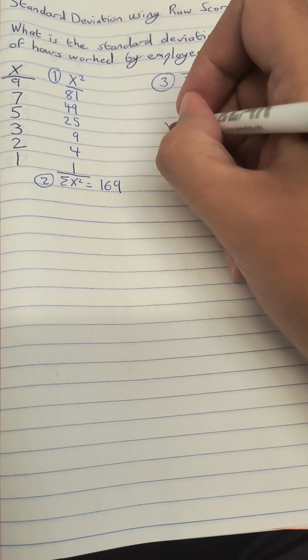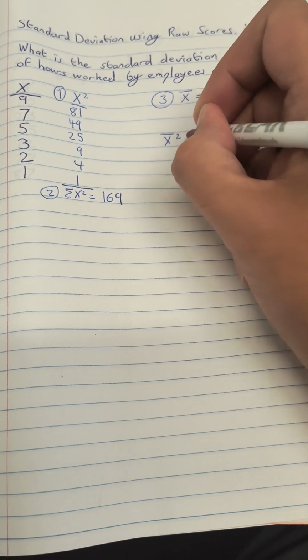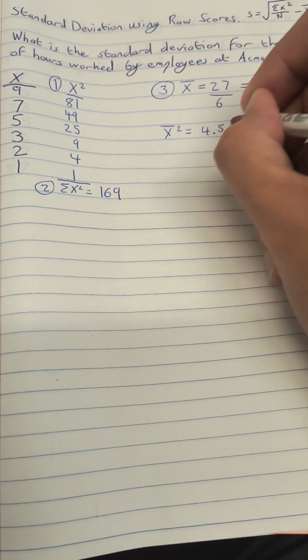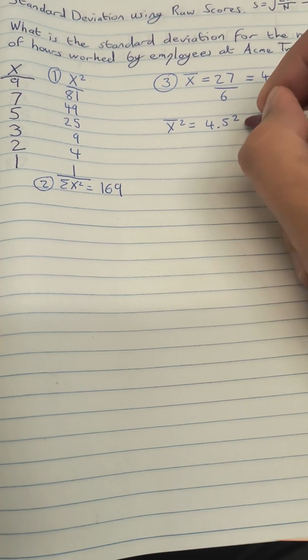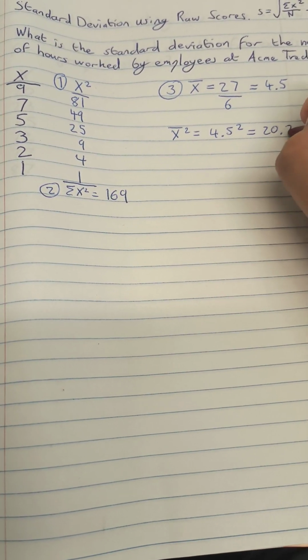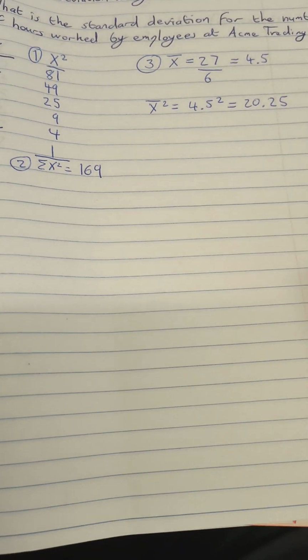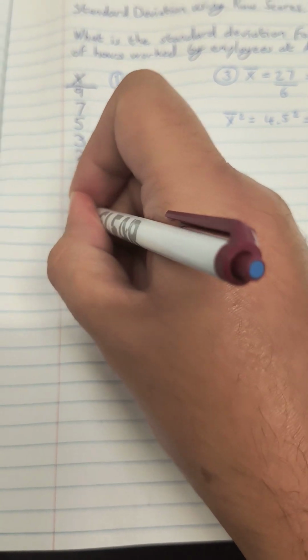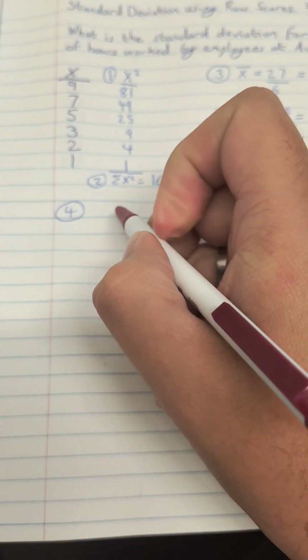And then if we calculate the mean squared, if we take 4.5 and square it, we end up with a mean squared value of 20.25.